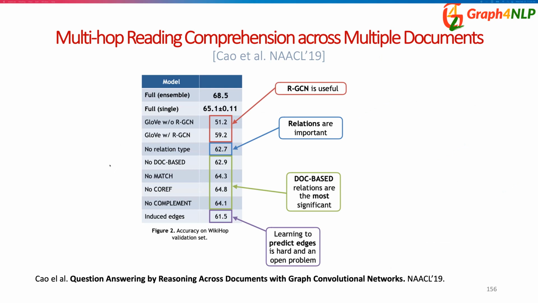So based on the results, we can see, first of all, the graph neural network is very useful. If we remove the graph neural network versus with it, you can see the drop is pretty significant.